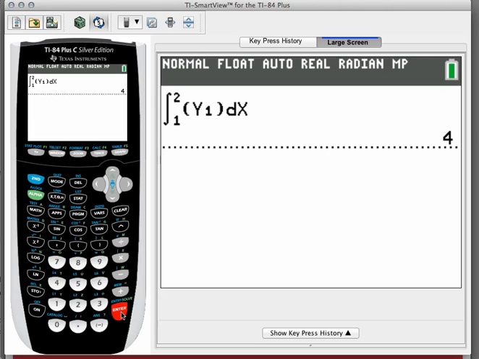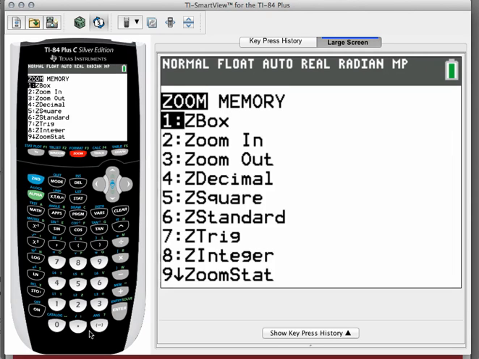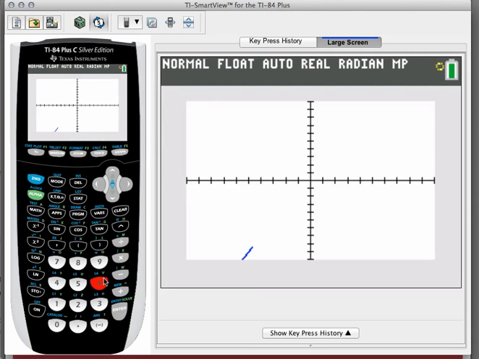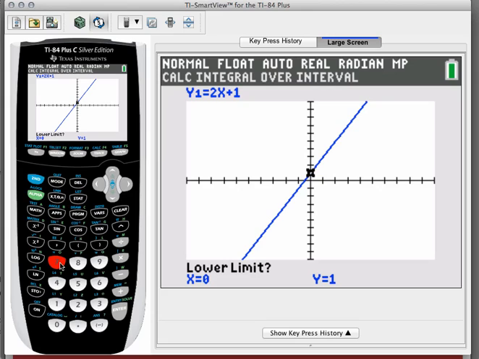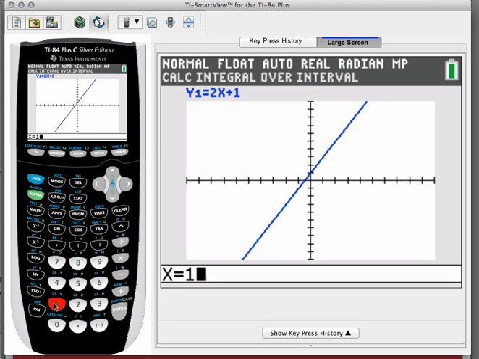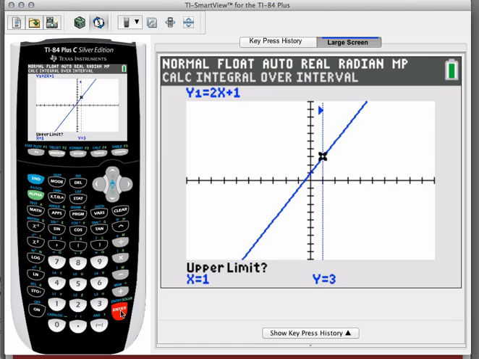So let me show you the other one that's built in. Let's go ahead and graph that 2x plus 1. Just do zoom 6 if you would. The other one, this is another one of those functions that you've been seeing a lot of but never knew what it did. If you do second trace, you now know all of these because look at what that last one is. If you either arrow down to that last one or just hit 7, it's going to prompt you first for the lower limit. So that was 1 in our case, so just hit 1 and enter.